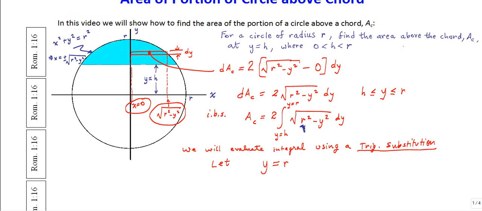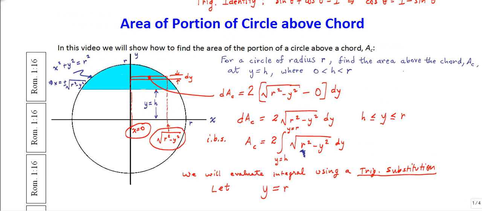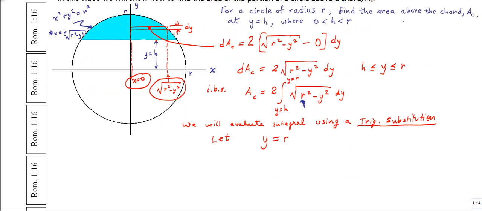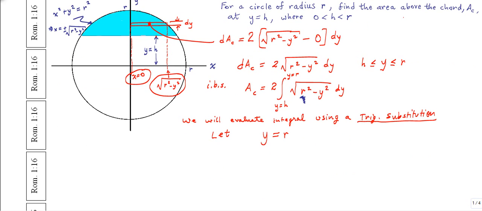The second thing is what we did up above, where we noted that 1 minus sine squared can be written as cos squared, and in fact when we do the squaring and then taking out the common factor of r squared, you will get a 1 minus sine squared type of a deal if you let y be r times sine of theta.